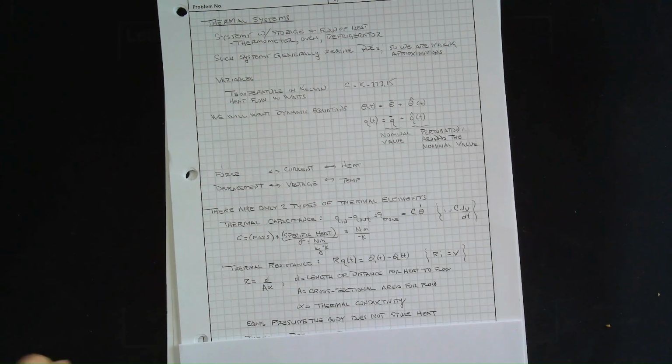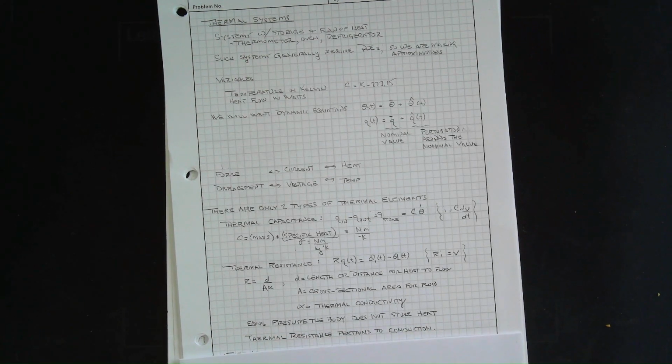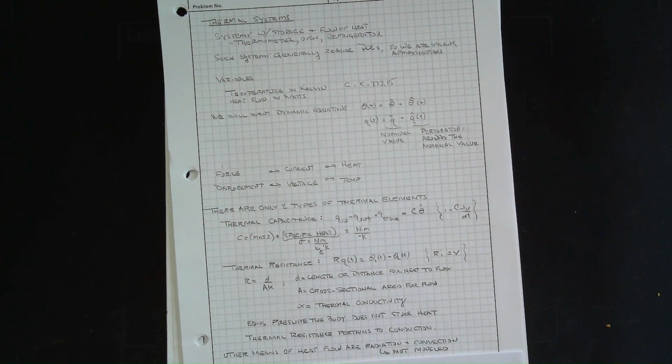The equations presume that the thermal resistance body is not storing any heat, and thermal resistance pertains to conduction. As you have your course in heat and mass transfer, there are two other modes: radiation and convection. And especially with respect to radiation, we are not considering that at all in this course.